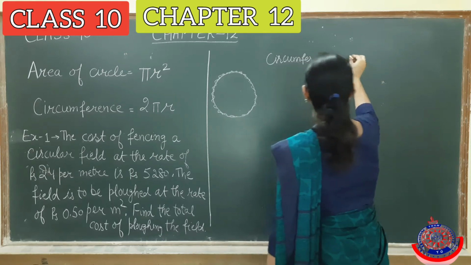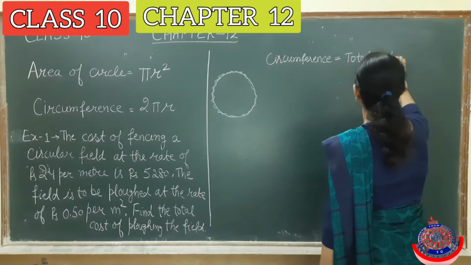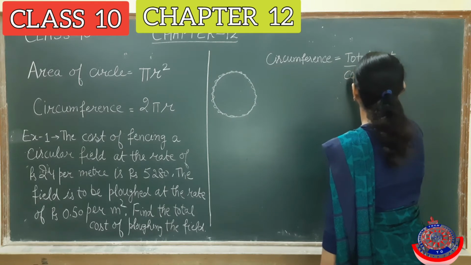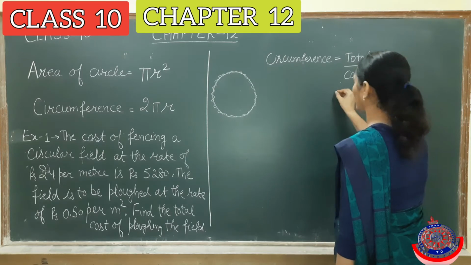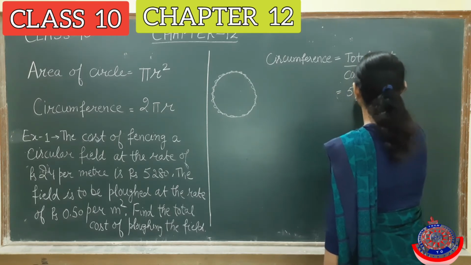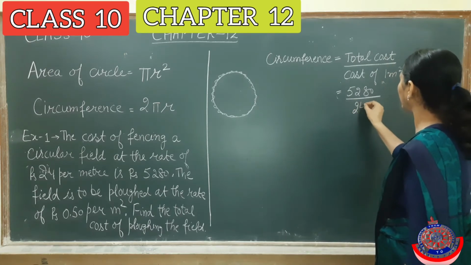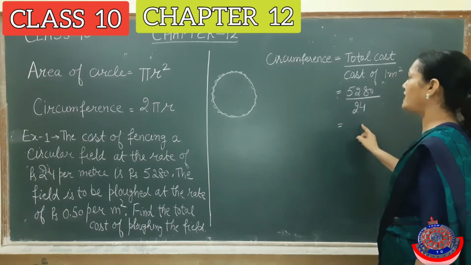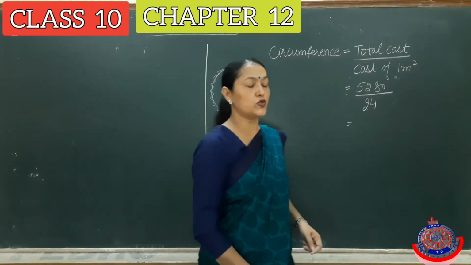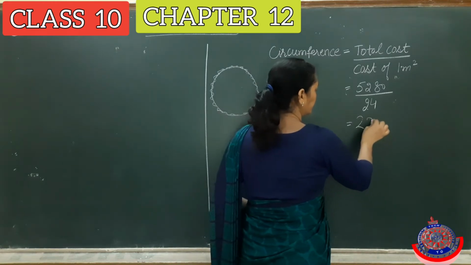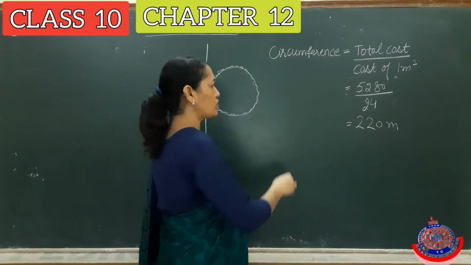Circumference of circle will be total cost divided by cost of 1 meter. That means if we divide 5280 by 24, we will get the answer of circumference. After division, we will get 220 meter. And we know that the formula of circumference is 2 pi r.